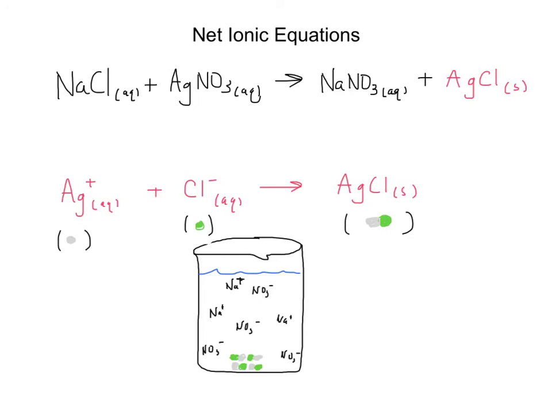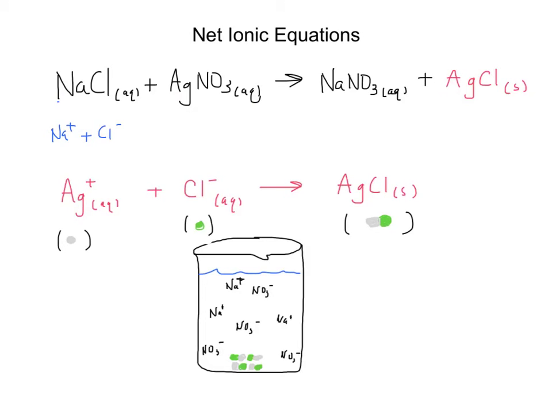So what this really means is when we write an overall equation, which we're used to seeing something like this, we're really not being true to what's in the solution. So we write something called a net ionic equation to simplify things and really show what changes. Because if you think about it, with this equation, we have sodium ions and chloride ions in solution.